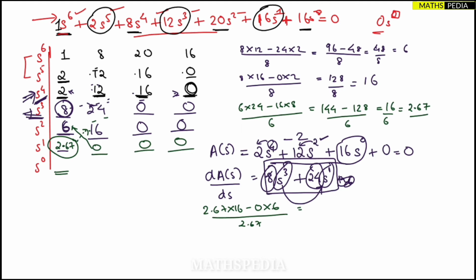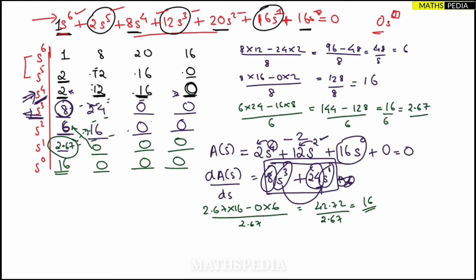So what will be the answer? It will be 42.72 divided by 2.67, which is equal to 16. Okay, this element we are getting as 16. What about these elements? They will be 0. You can multiply and see, 0 only.